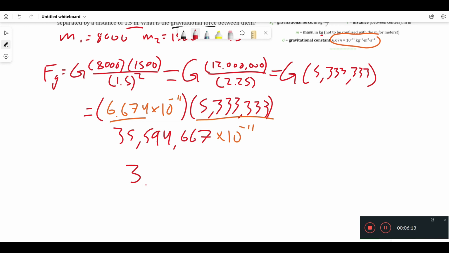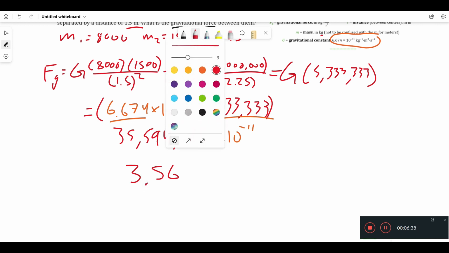For our sake, we're going to simplify to 3 significant figures, that 9 makes that next 5 a 6, 3.56, right, times something. Now, of course, these are not the same numbers, right? We have 35 million and then 3.56. Again, scientific notation has us only look into the number after that decimal there. So what we need to do is we need to count for that jump there with the decimals.